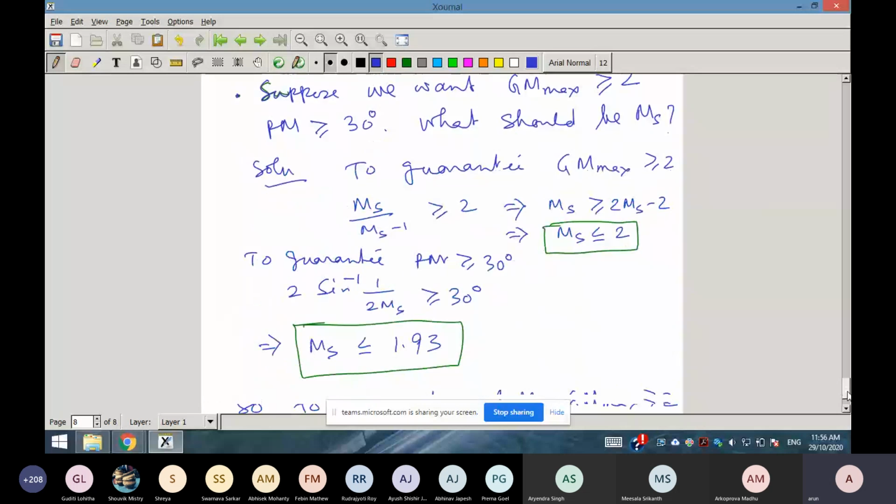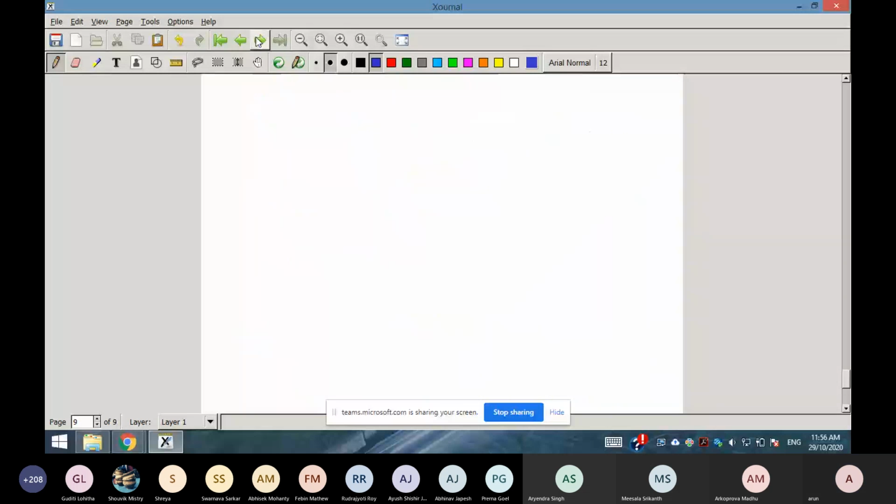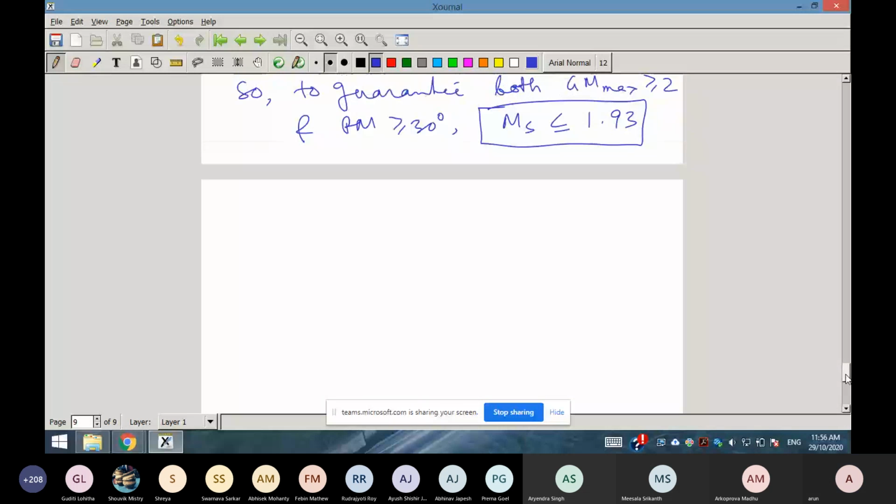So this is your conclusion: a smaller value of Ms, at least less than 2, guarantees good GM and PM. That was the upper side gain margin.